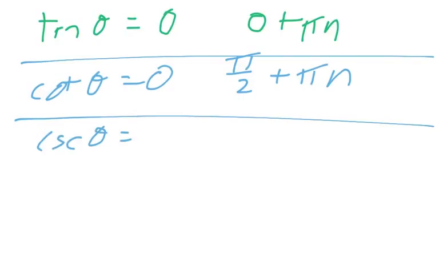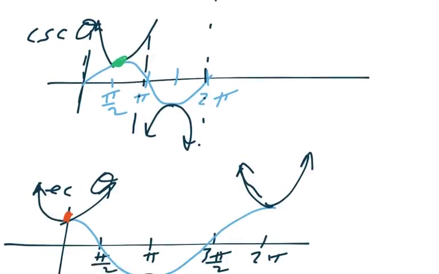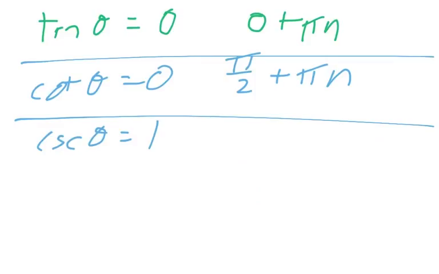Cosecant of theta is equal to 1. Let's go back to our cosecant of theta. We're right there again, which means we are at pi over 2. However, the period for cosecant and secant is 2 pi n, so we put plus 2 pi n at the end.